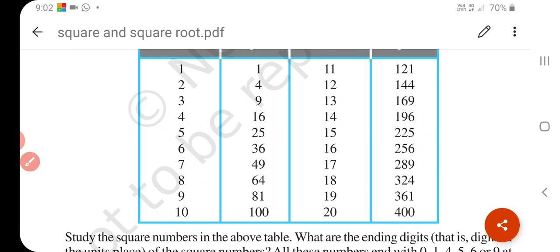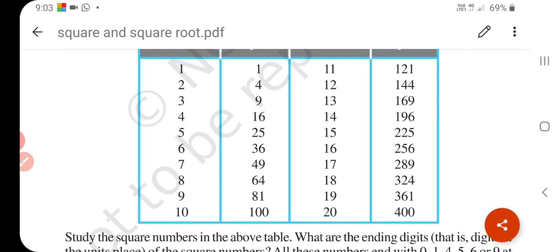Understand? So when you square any number, the square of a number is the product of the number with itself. What is the meaning of square? Square is when a number is multiplied by itself; we say that the number is squared. In other words, when a number is raised to the power 2, we say the number is squared.